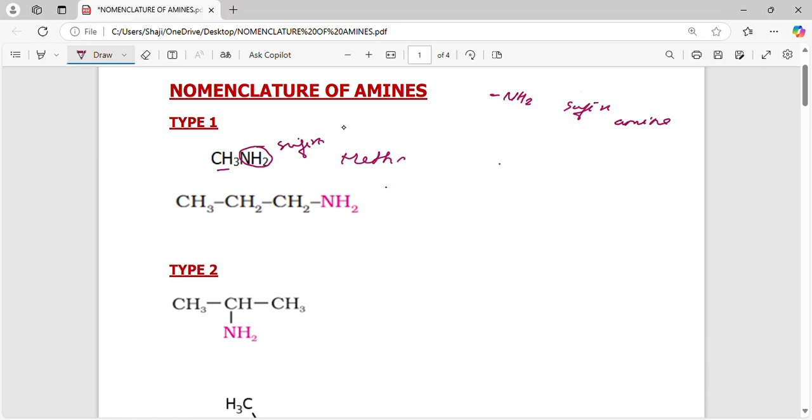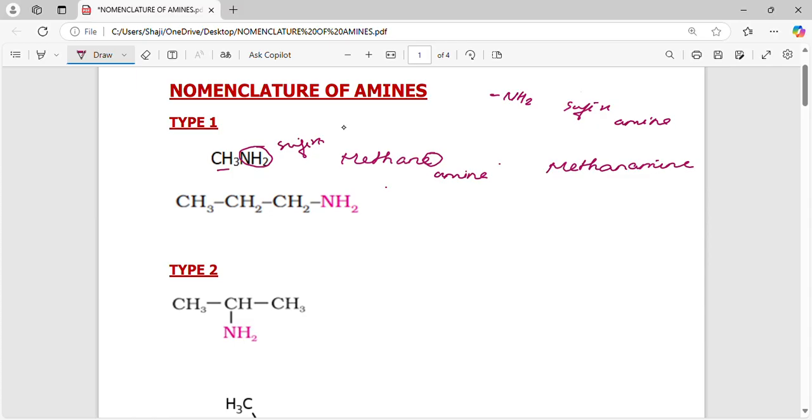Normally an alkane ends with ANE, so it is methane, but because of the functional group, the last letter E is deleted and the functional group name amine is written. So according to the IUPAC system, the complete name is methanamine.